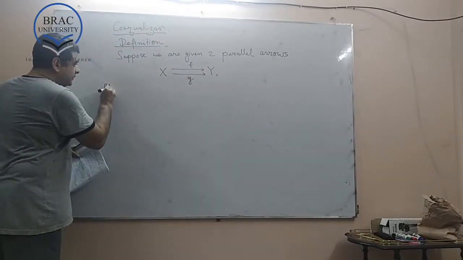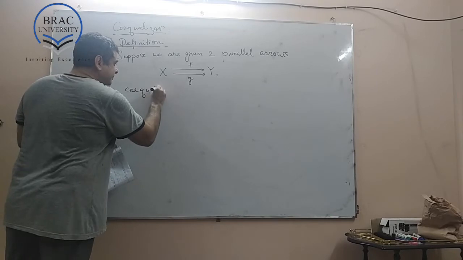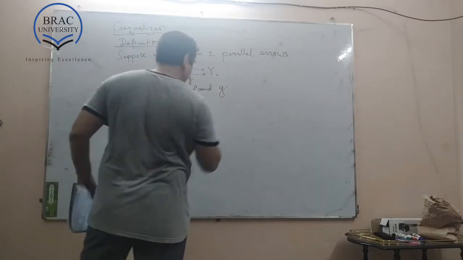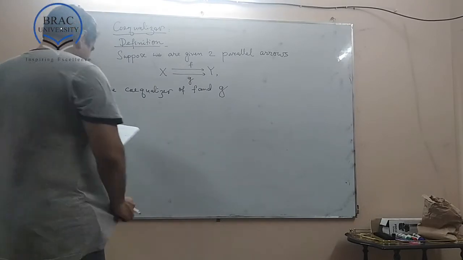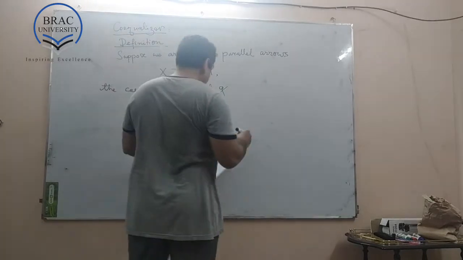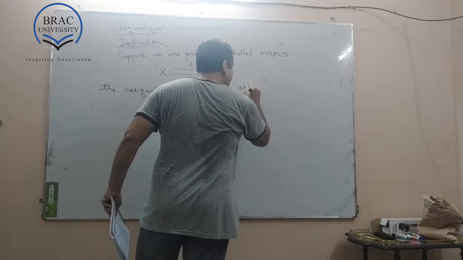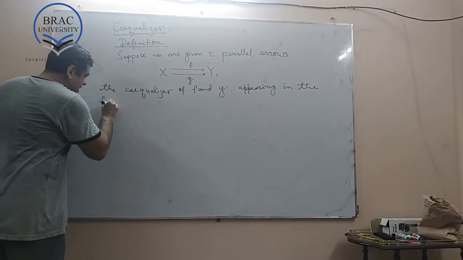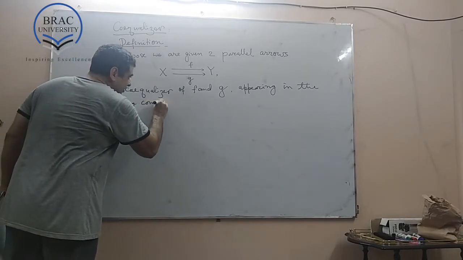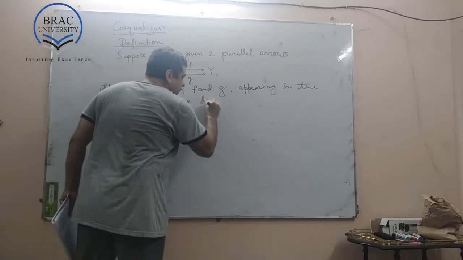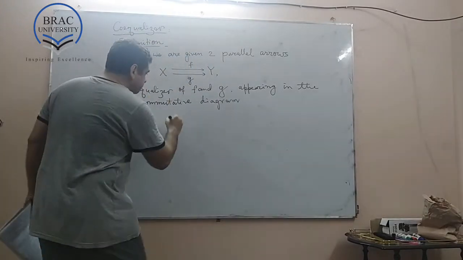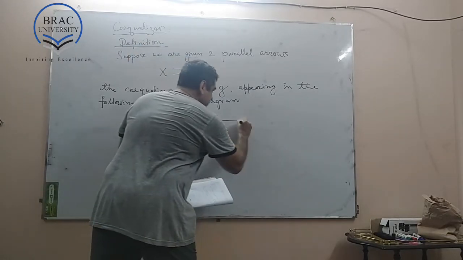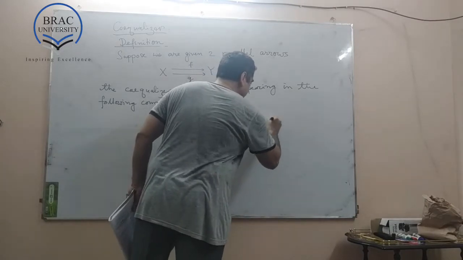The coequalizer of f and g appearing in the following commutative diagram: these are the two parallel arrows between x and y, and that will go to the coequalizer of f and g.